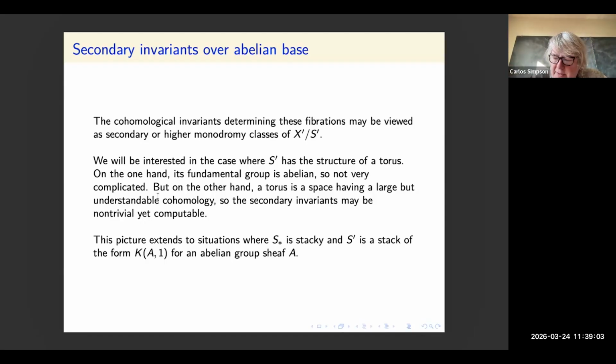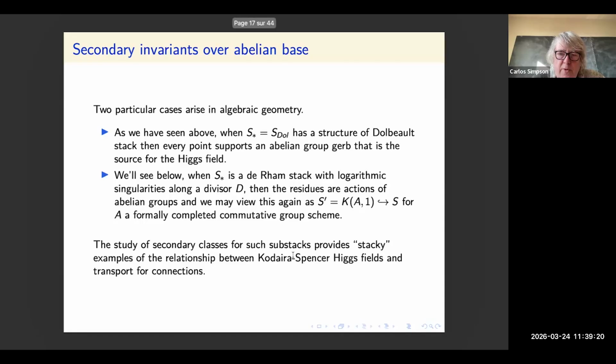And then this extends to a situation where the base is a stacky thing, such as one of our de Rham or Dolbeault stacks, and S prime, the substack, is an Eilenberg-MacLane substack for some abelian group sheaf A. In particular, we'll have two different cases that arise in algebraic geometry. As we've seen above, we can take the Dolbeault stack.